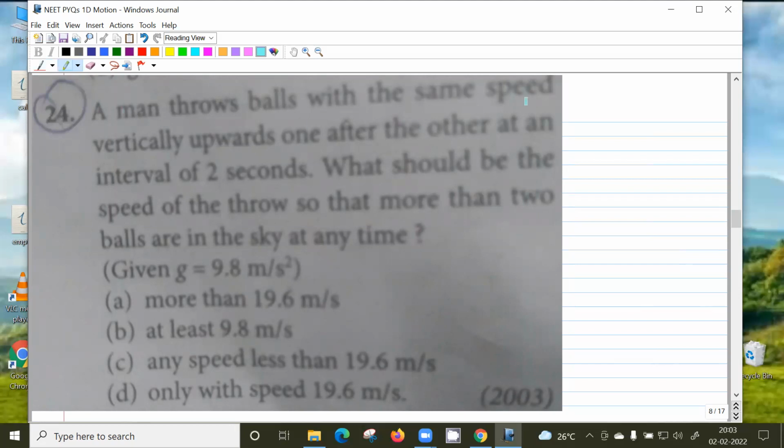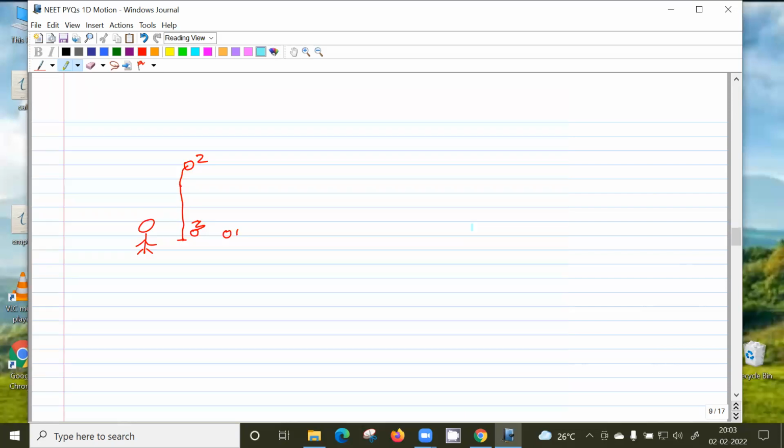Question is clear. The man is throwing the ball vertically upwards. What should be the speed of throw so that more than 2 balls are in the sky at the same time? So more than 2 balls means it should be at least 3, no? Then let me take one more.